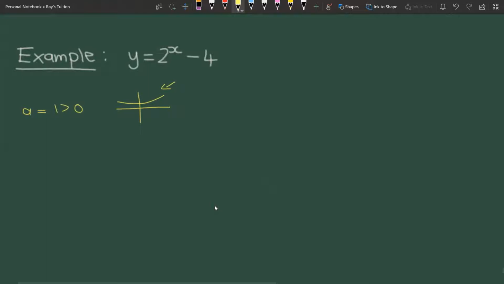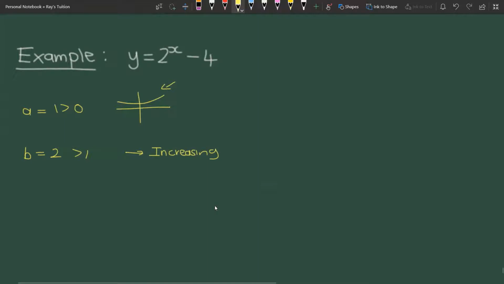So that's having a look at the B value. So our B, or the base, is 2. So then this value is greater than 1, and according to this, we then have an increasing function. If you are unfamiliar with these two concepts that we have just spoken about, please watch our previous video.